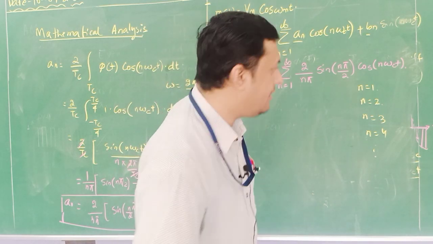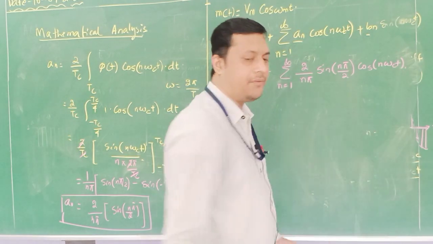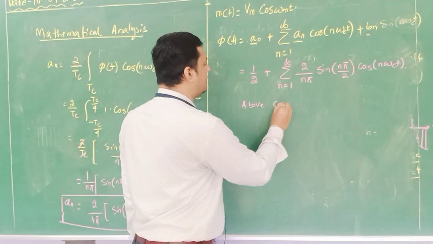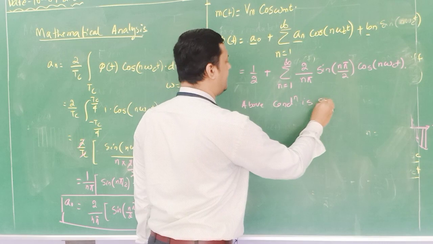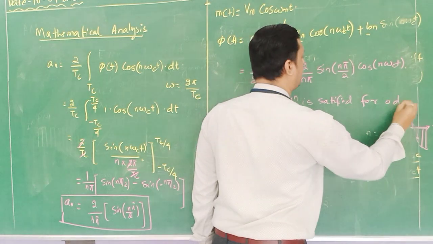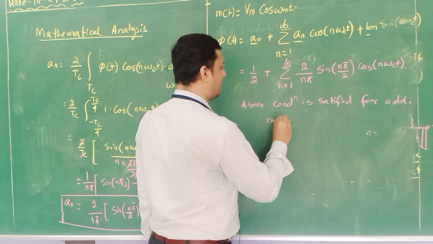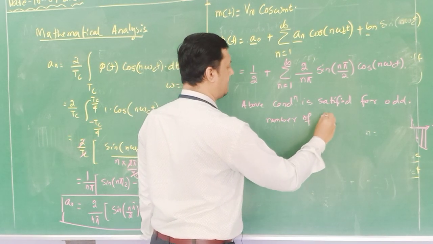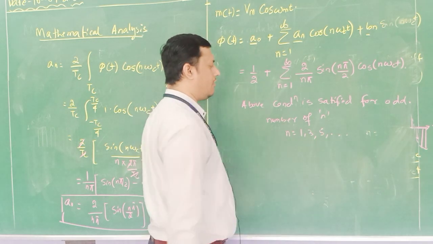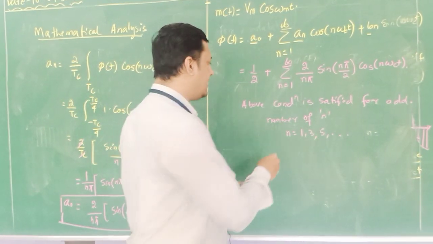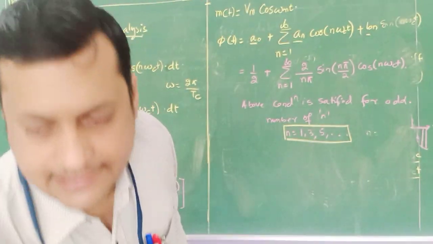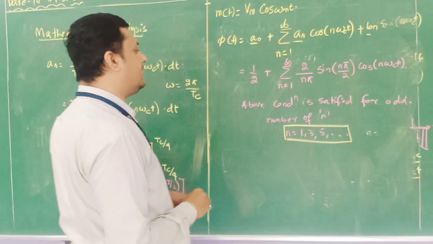So I will write: the above condition is satisfied for odd numbers of n, that means when n is equal to 1, 3, 5 and so on. So this equation only exists at odd positions, and at the rest of the positions the result is 0.